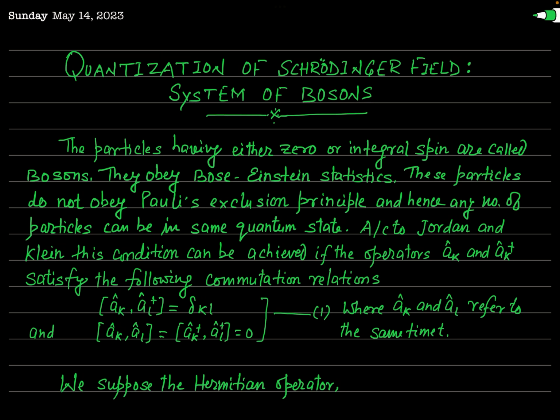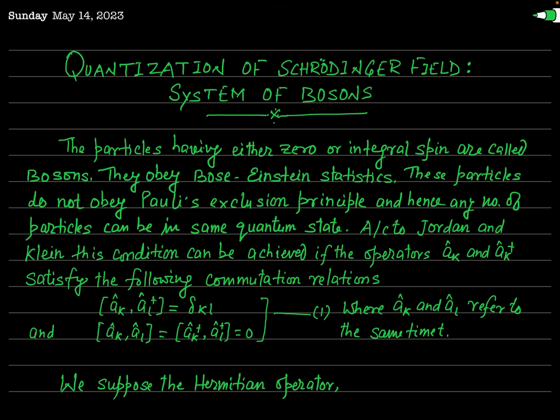As you know, bosons are the particles which obey the Bose-Einstein statistics. In my lectures on Bose-Einstein statistics, you have learnt about the bosons, and so I hope you have an idea of the physics of bosons.